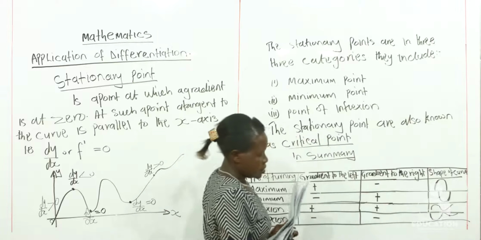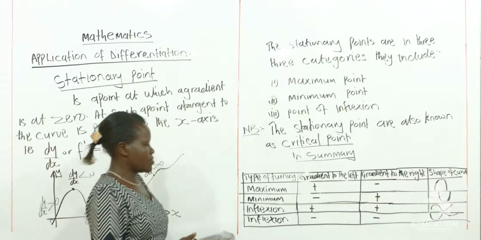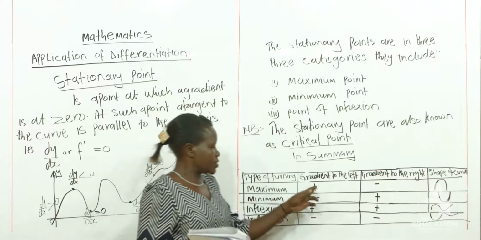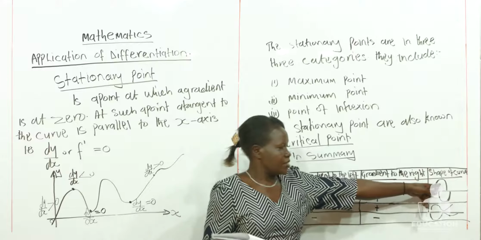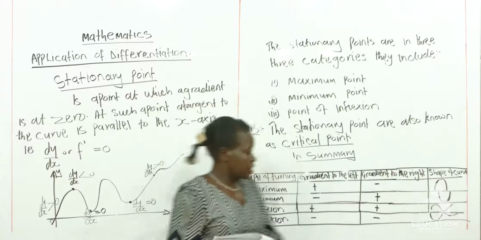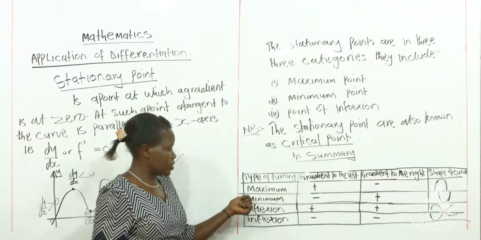So that is how, in summary. Whenever you are calculating and you find that the gradient changes from positive to negative, then you will automatically know that the shape of my curve will be upside down, meaning it is now a maximum. I've reached the maximum point.